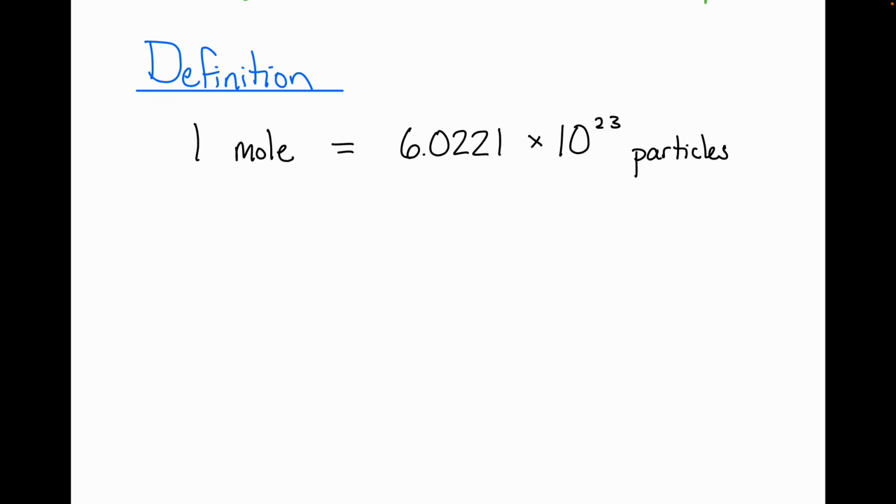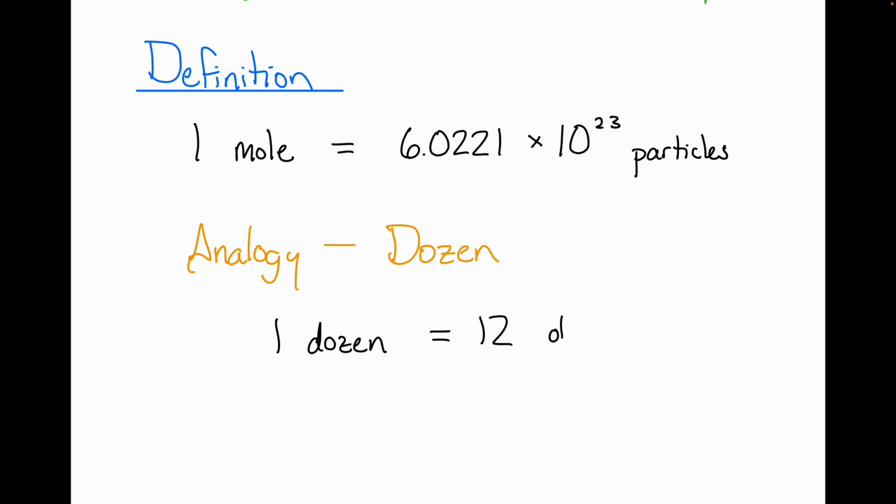Okay? In order to better understand what a mole is, I feel like it's best to understand through analogy. All right? And this analogy would be the phrase a dozen. All right, a dozen, the definition, would be 1 dozen equals what? 12 of whatever it is you're talking about.